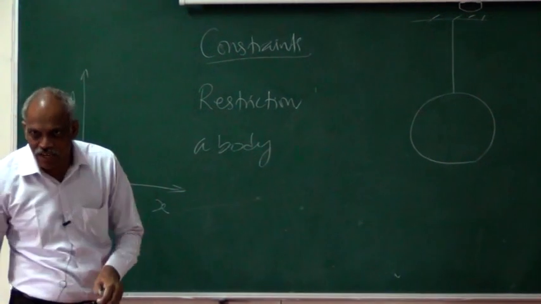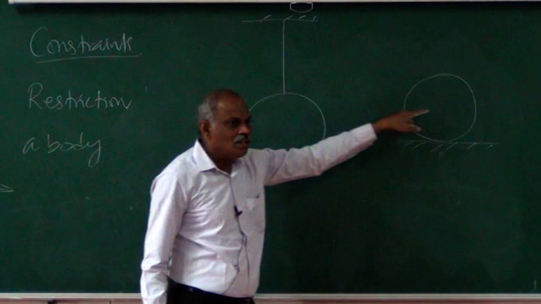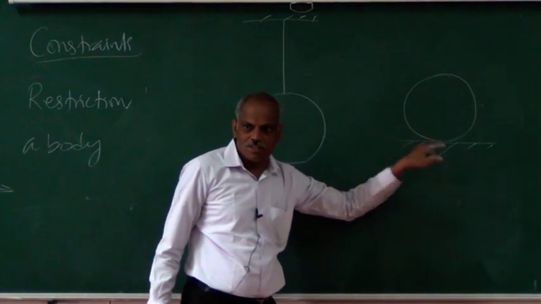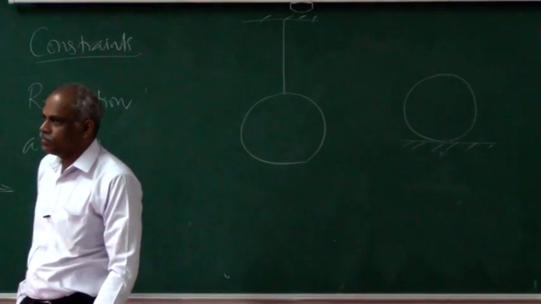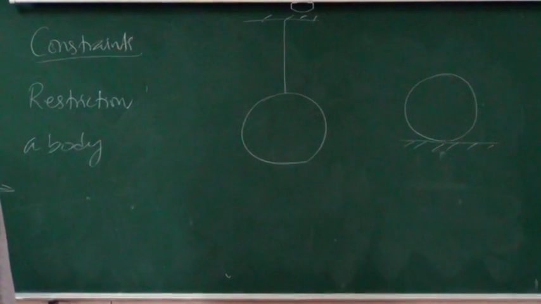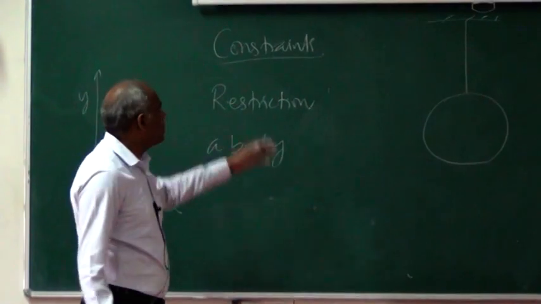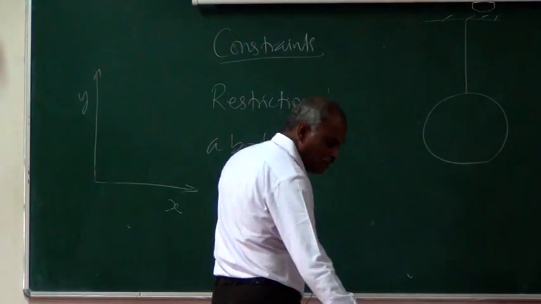So here the constraint is the string, whereas for the previous ball the constraint is the floor. There can be multiple constraints. You need not think that the constraint will be only one. Plurality of constraints is possible.